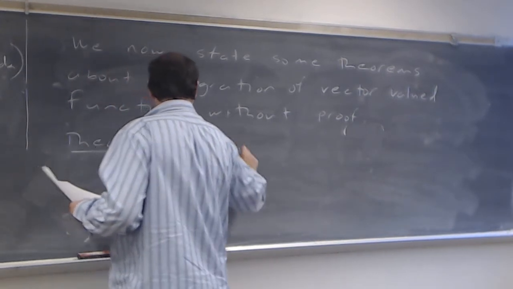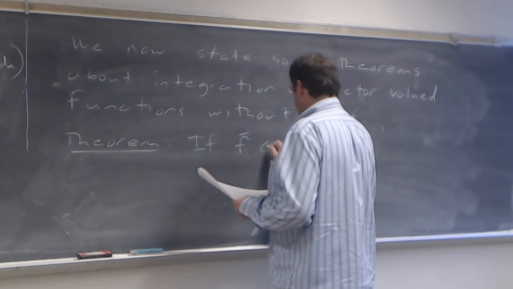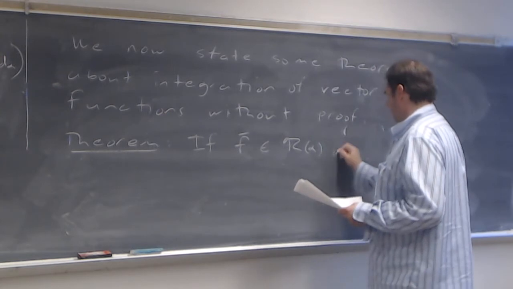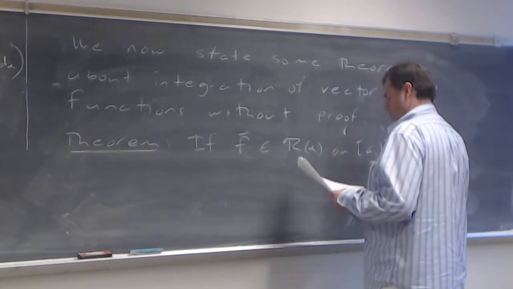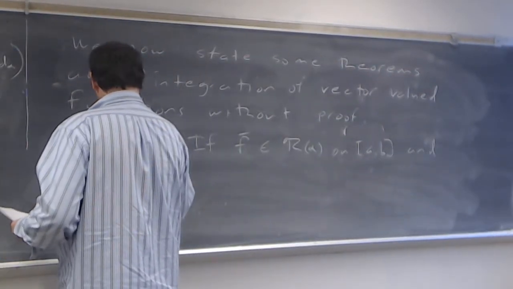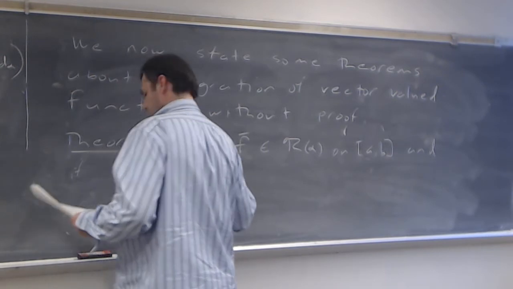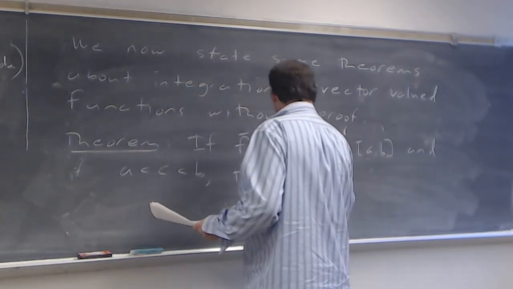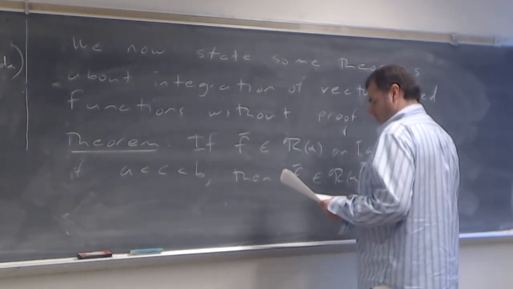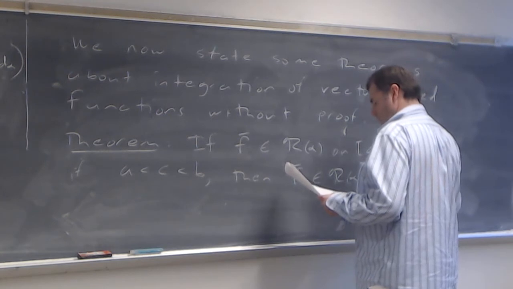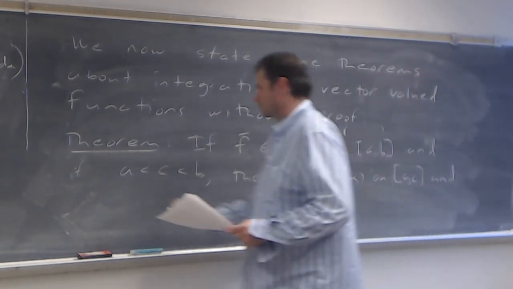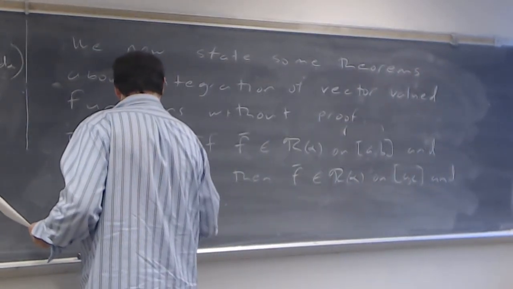It says if f bar is an element of the Riemann-Stieltjes integrable functions with respect to alpha on a to b, and if a is less than c is less than b, then f bar is Riemann-Stieltjes integrable on a to c and on c to b.